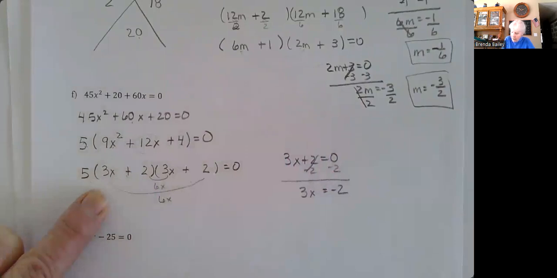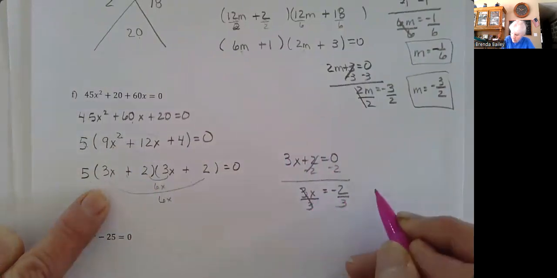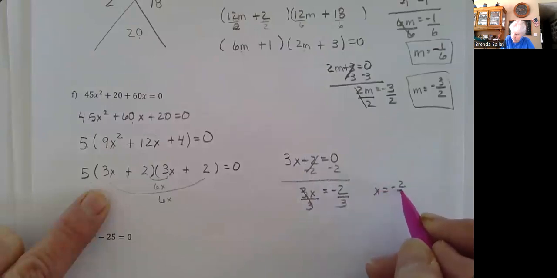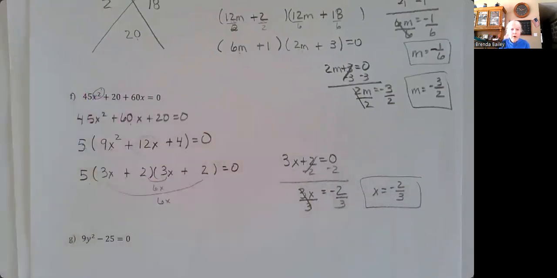Okay. Then divide by 3. Okay. x equals a negative 2/3 is your only solution. We knew the maximum we could have is 2, but you could have 1 or none. Okay, perfect. Last one, then we're done.